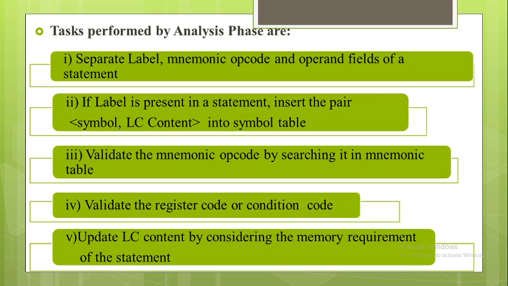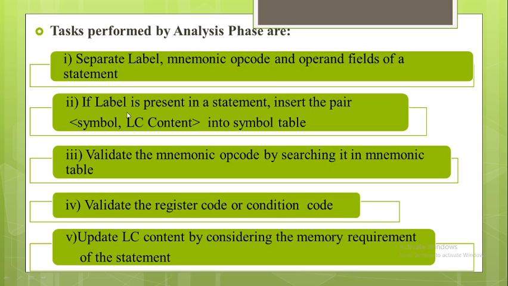Now we will see the tasks performed by the analysis phase. Before this, we have already studied the statement format. The statement format consists of the label, the mnemonic opcode followed by operand 1 and operand 2. So the first task of the analysis phase is to separate the label, mnemonic opcode and operand fields of the given statement.